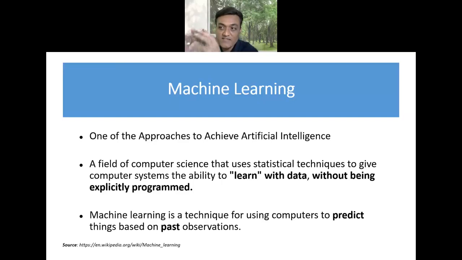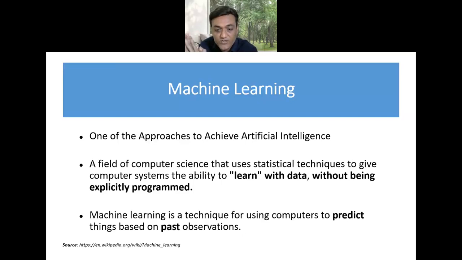Usually in the past we provided the data, programmed it, and got the output. But now the machine decides how it needs to learn from the data. If you are given some information or data, how does human intelligence identify the output from the data? Similarly, we try to make the computer act like that.